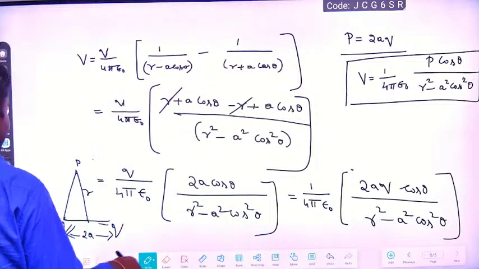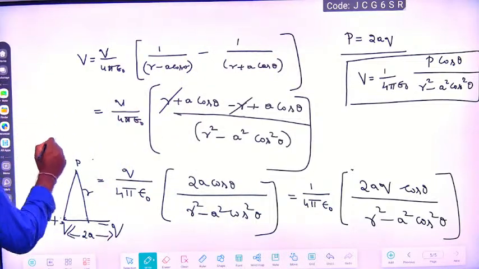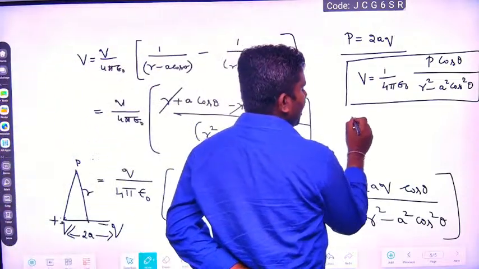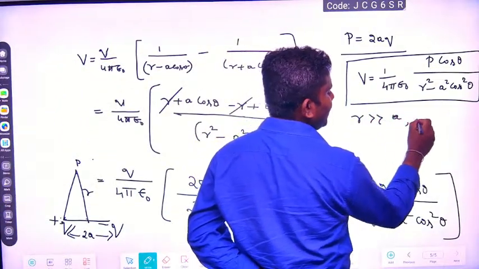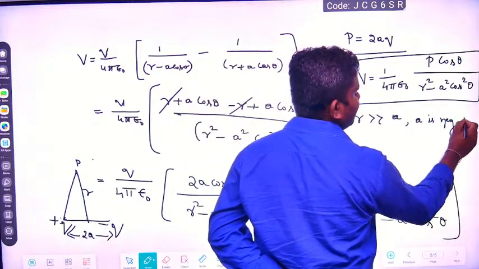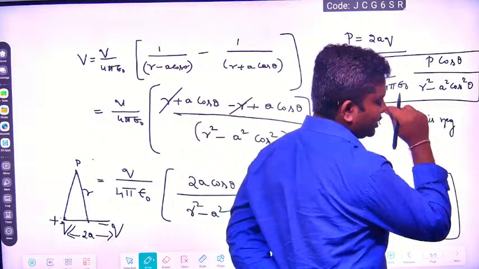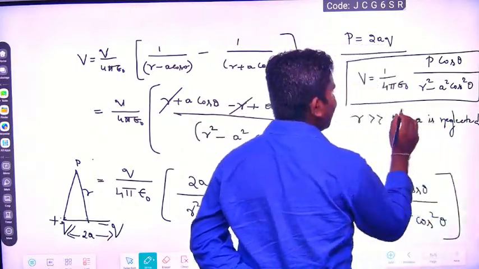Now, since it is larger, I can write R is very, very much greater than A, so A is neglected. The distance from the center of the dipole to the charge is neglected. Understood? If you neglect it, what is the potential now?